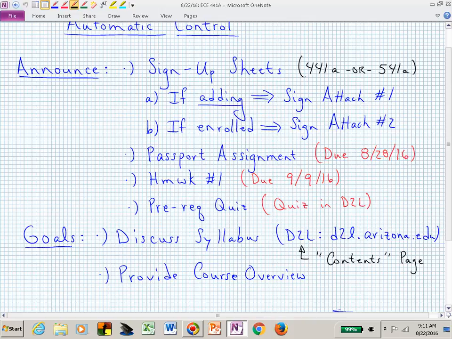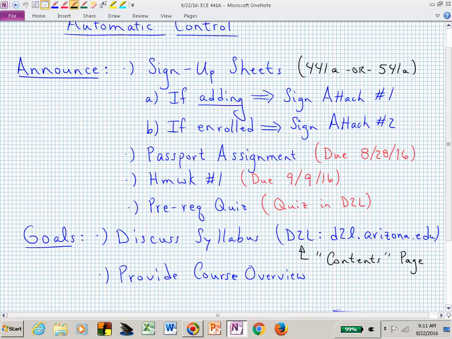I will start collecting all of that information in units or modules on the D2L website, and I believe I've located the prerequisite quiz link under Unit 0. That's sort of the preliminary unit of the class. Or you can go to the quiz tab and find that quiz hopefully there. And it's 7 questions. It shouldn't take you that long to answer, but it's multiple choice.